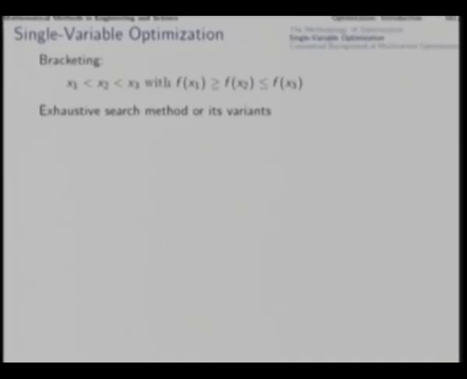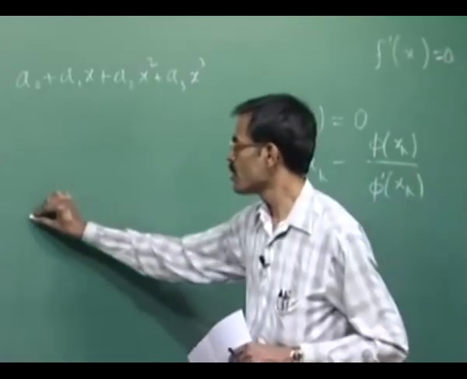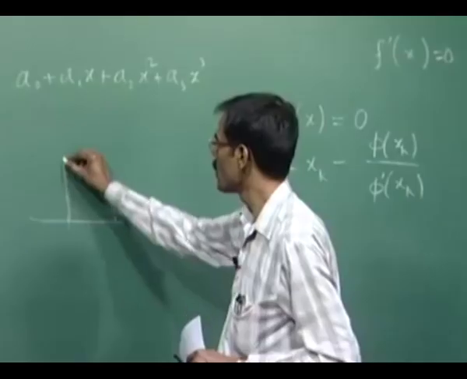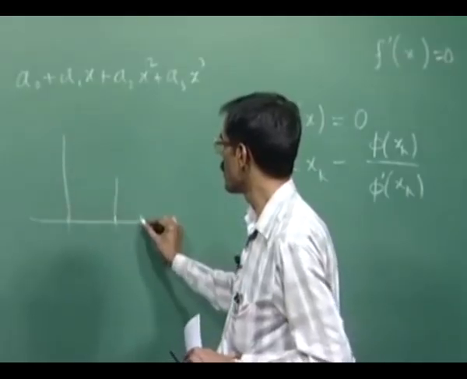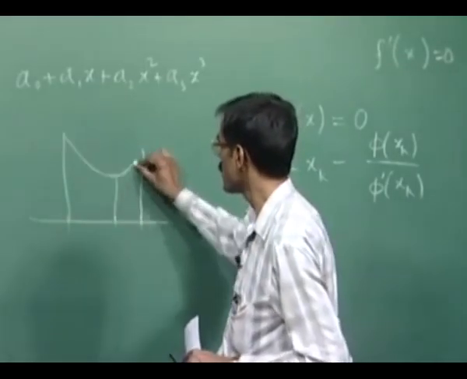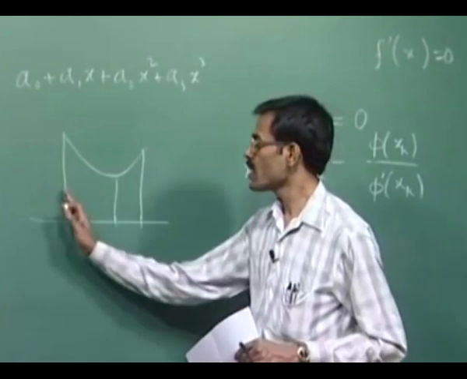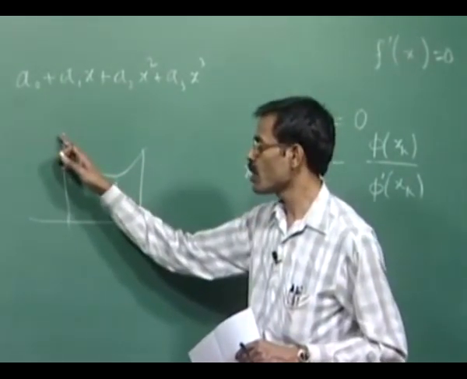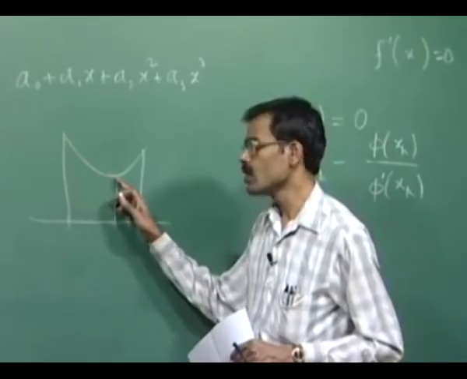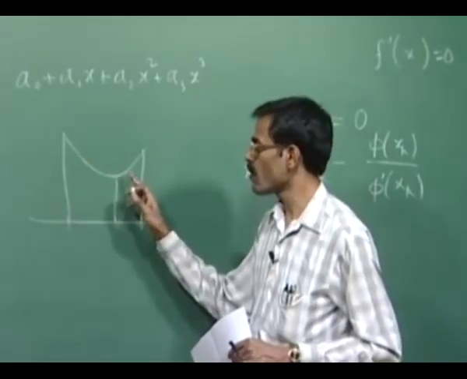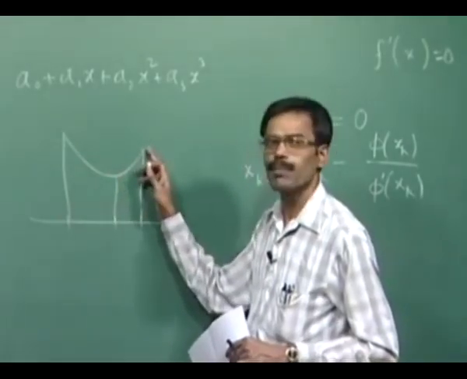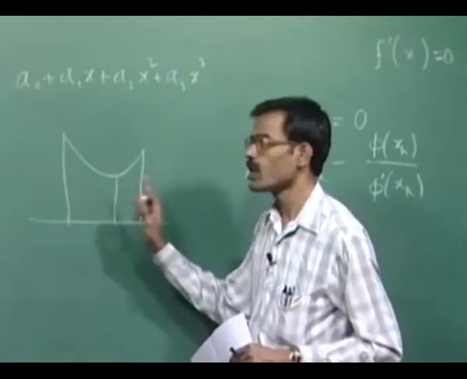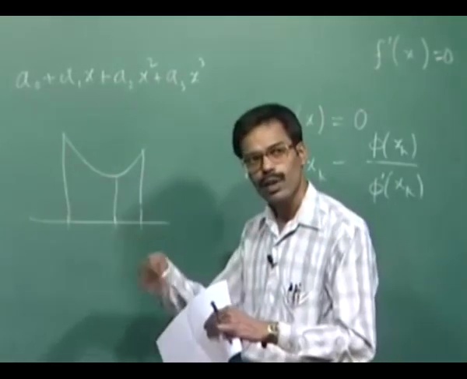So, if we have a pattern of the function which is like this, then we can say that in between this there must be a minimum point, because it is known that from this point the function value has gone down, and then it is known that from this point the function value has gone up. So, in between, there is a point where that actual trend is made.